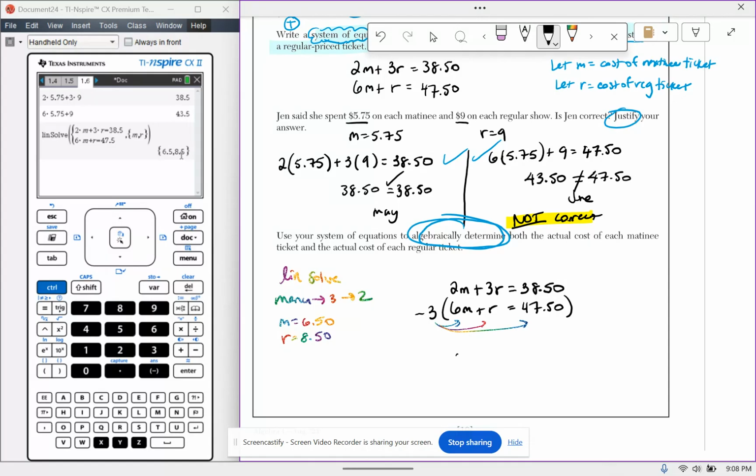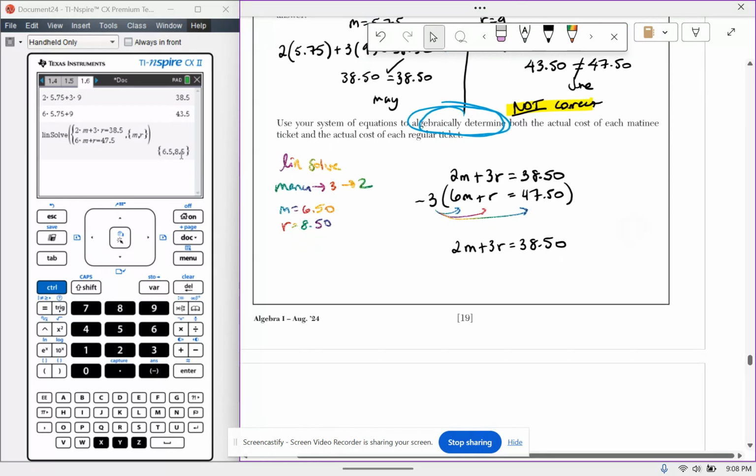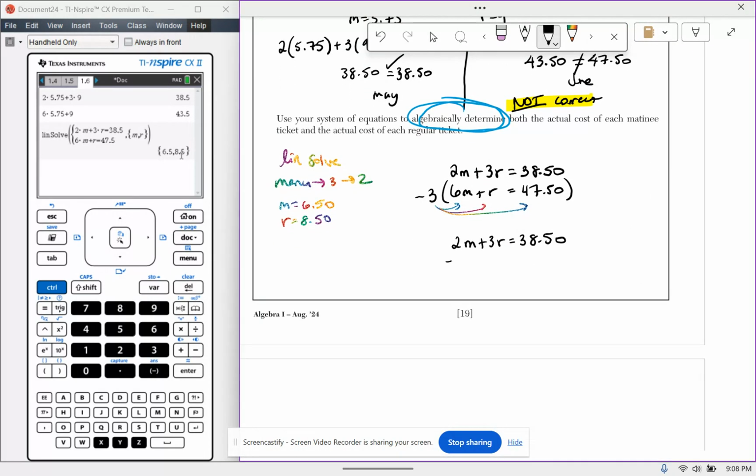I'm going to rewrite it here. So I've got 2m plus 3r equals 3850. Notice how the first equation remains untouched. The second equation, though, is -18m minus 3r equals -3 times 4750. All right, now I can just add these two together. 2 minus 18 is going to give me -16m.